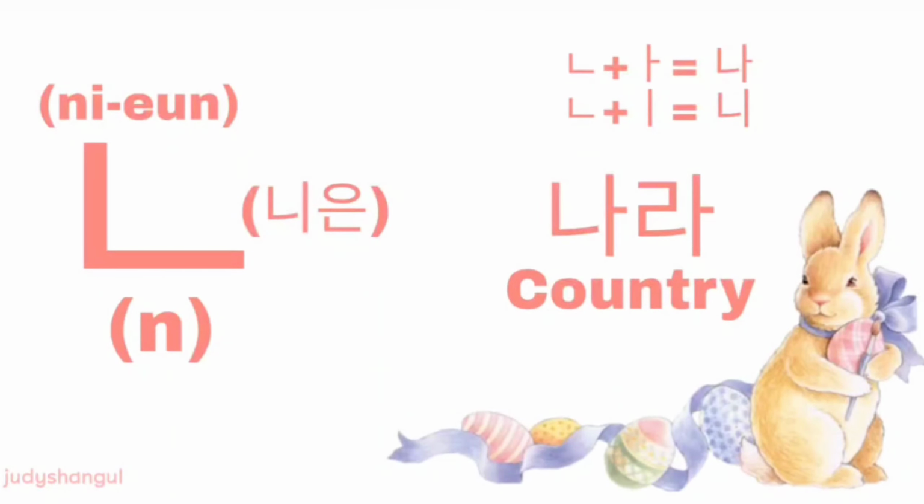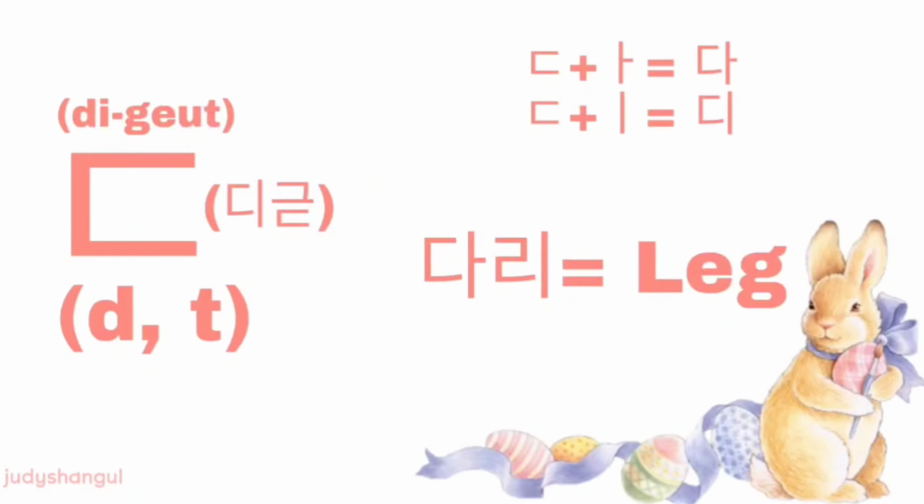Nieun. It is pronounced as an N sound. Nieun plus a, na. Digeut plus i, di. The example word of nieun is nara, country. Digeut is pronounced as a D sound or T sound in English.